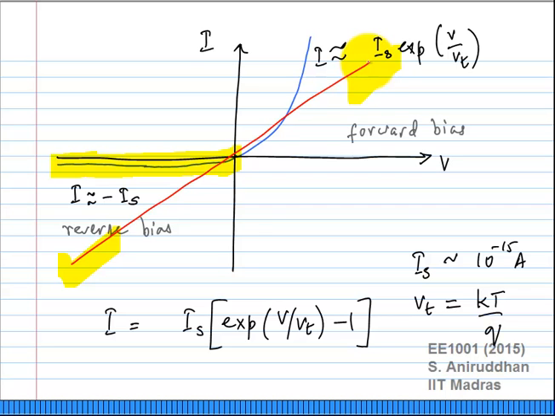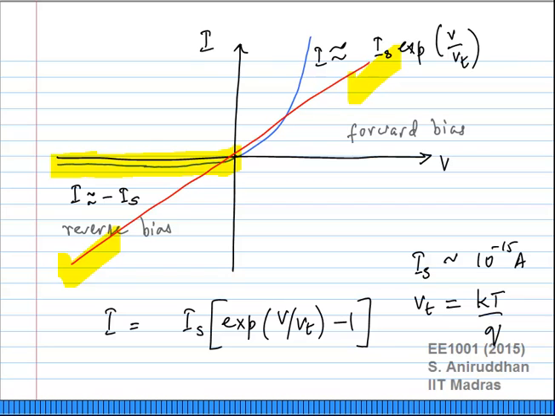When you shine light on it, it will occupy the fourth quadrant, but over a very small range of voltages and currents, in a certain region of operation. But anyways, coming back to our goal here, which is to figure out what happens to the diode.